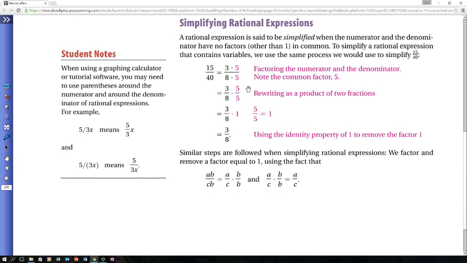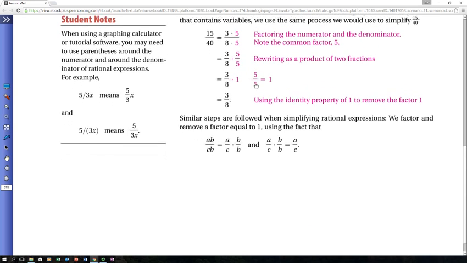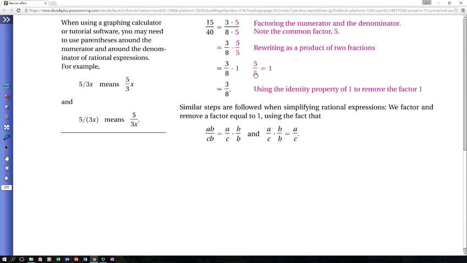Well, the rule of multiplying fractions is numerator times numerator and denominator times denominator. Well, we can break that out the other way and say that 3 times 5 over 8 times 5 is the same as 3/8 times 5 over 5. Well, 5 over 5 is equal to 1. That's why you broke that factor out that way.